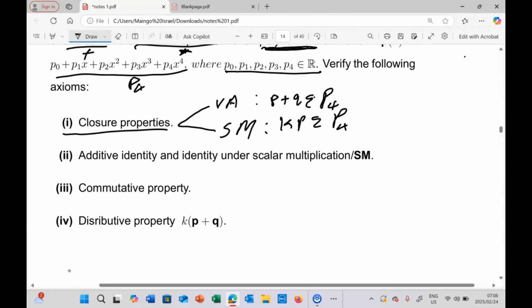The next question deals with identity, additive identity and identity under scalar multiplication. We have two things with additive identity.